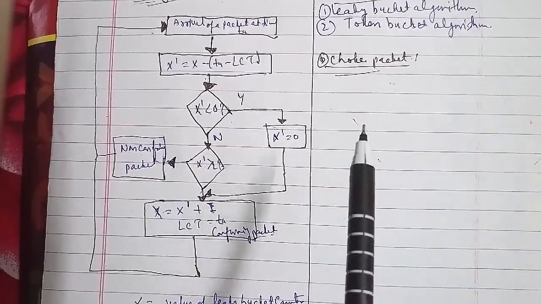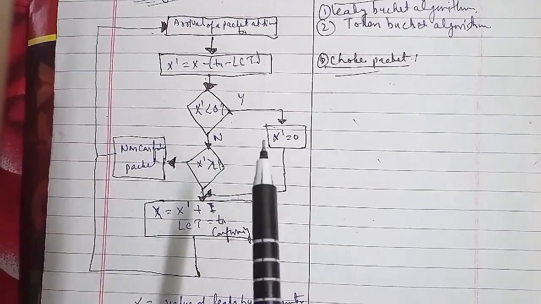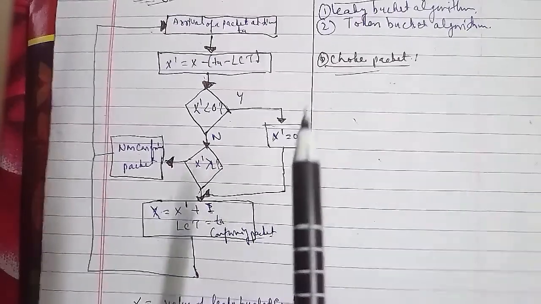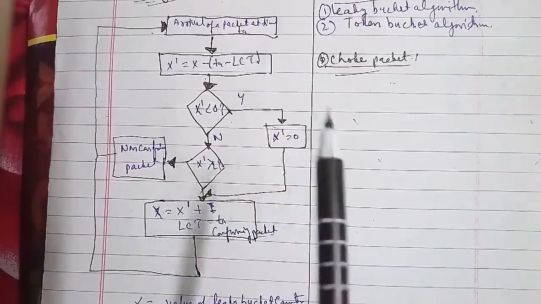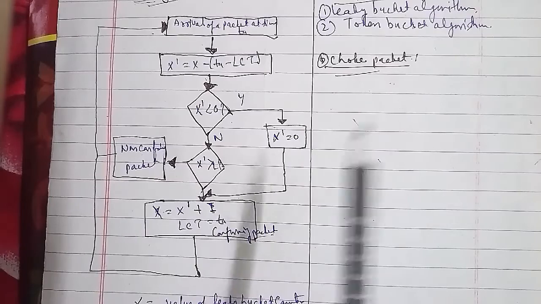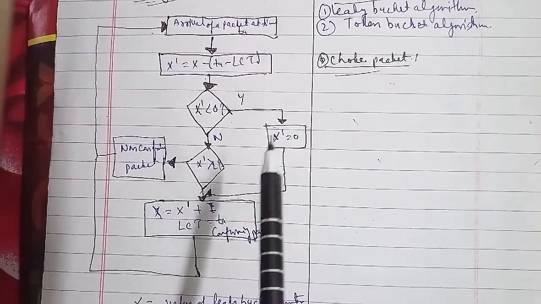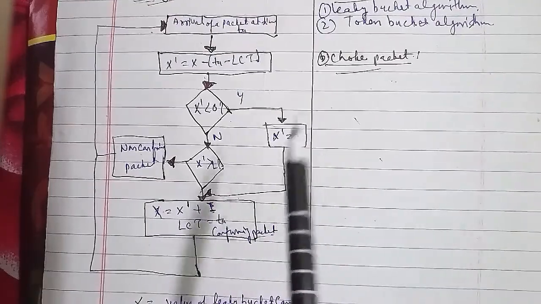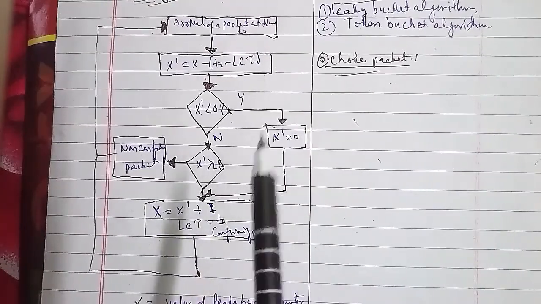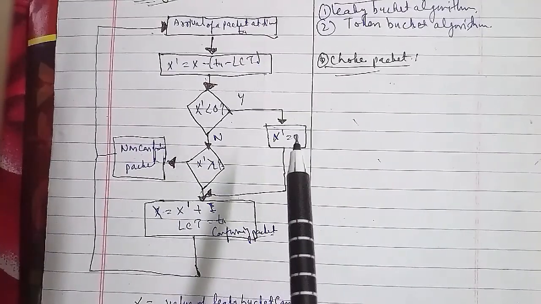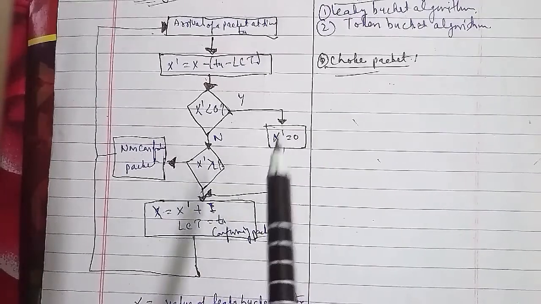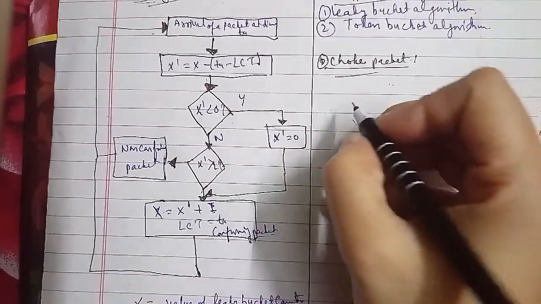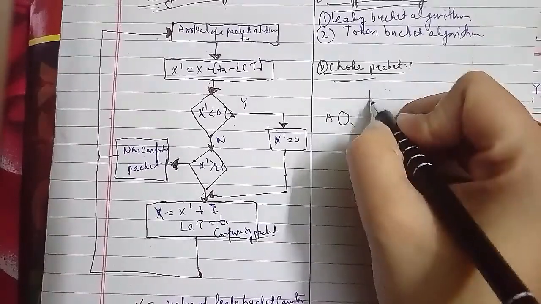Consider a subnet with 6 nodes, denoted A, B, C, D, E, and F. They are connected to one another, and from A we move towards E, and E to F. So here the subnet with the 6 nodes A, B, C, D, E, F is shown, and the source node is A and the destination node is D, so it will move like that, from one node to another.